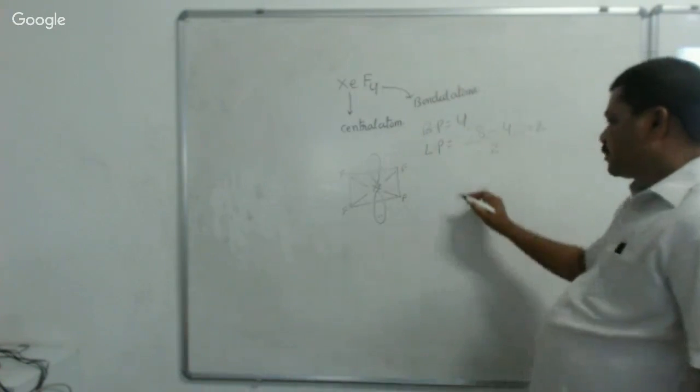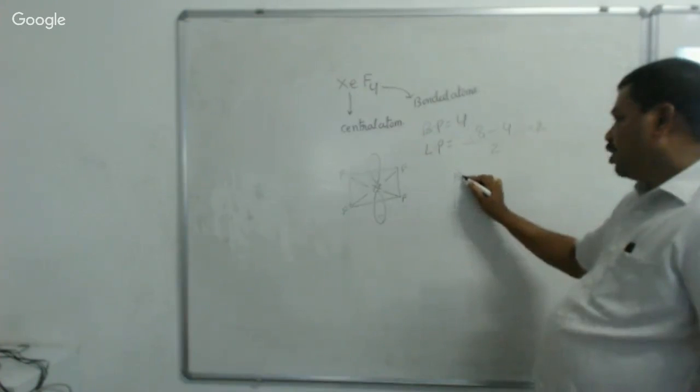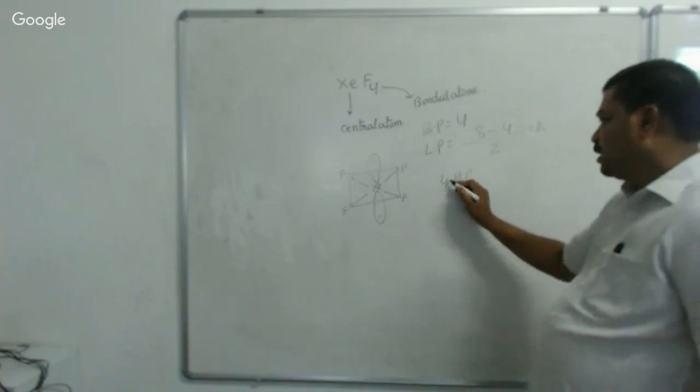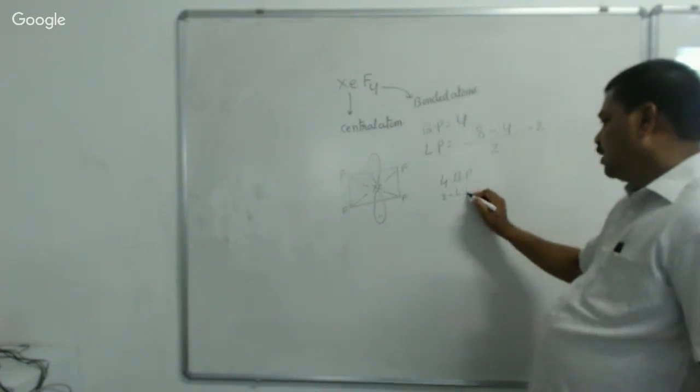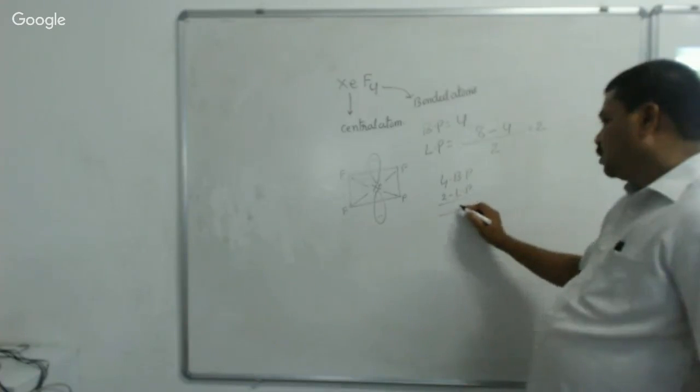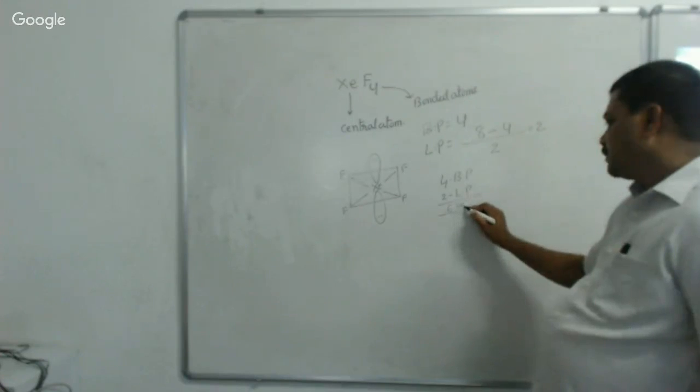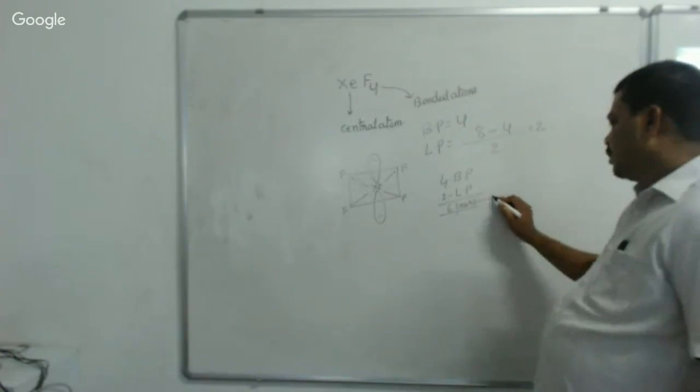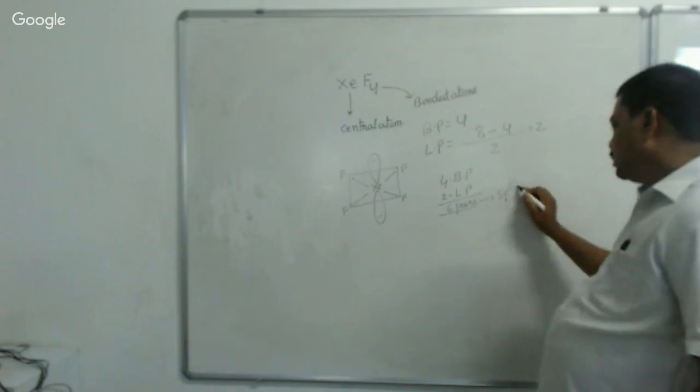So total 6 pairs, 4 bond pairs and 2 lone pairs, means it is sp3d2.